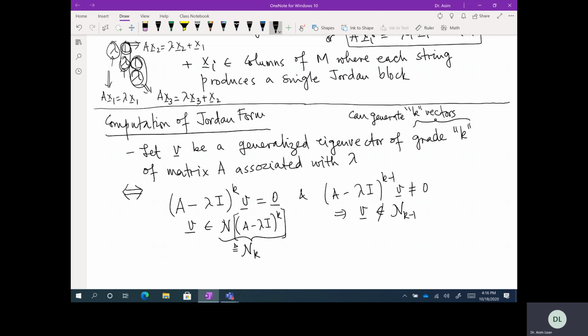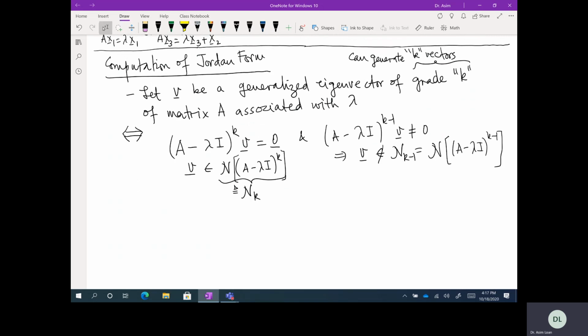Okay, so v belongs to the null space of (A minus lambda I)^k, but v does not belong to the null space of (A minus lambda I)^(k minus 1). And then let's define v_k as v.